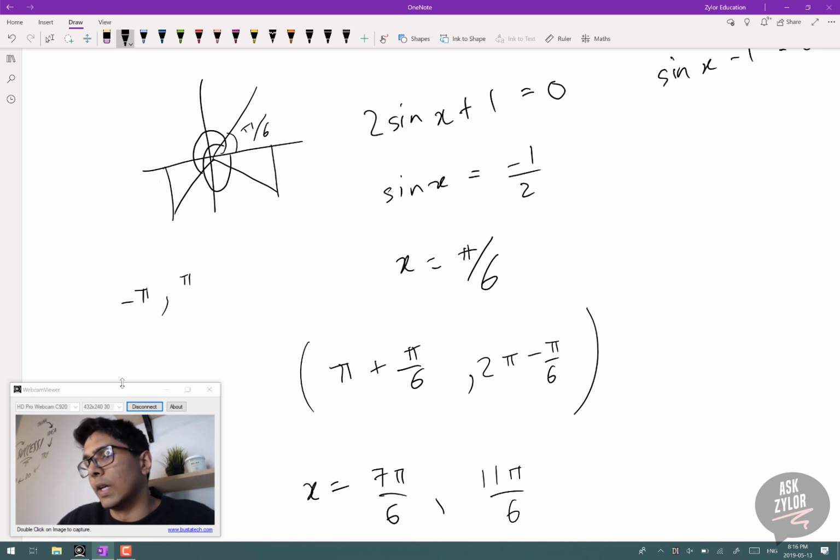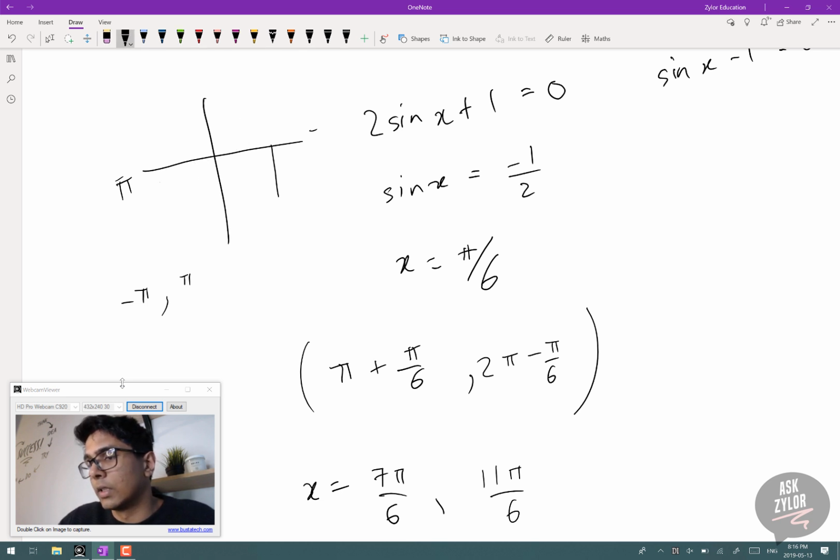So -pi and pi would be between over here, -pi, which is pi over here, right? And -pi will be going clockwise towards the pi again.